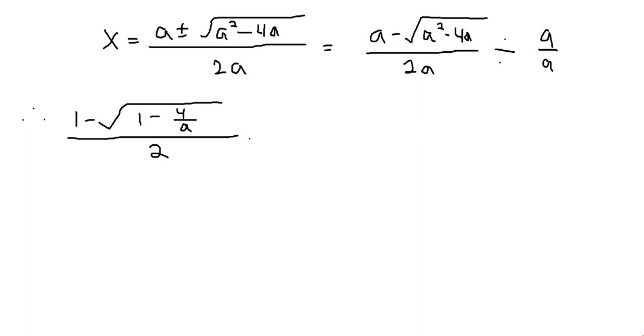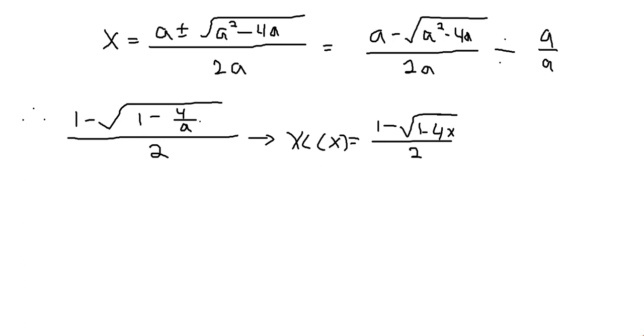But if we remember, we knew that x times the generating function for Catalan numbers was 1 minus the square root of 1 minus 4x, all over 2. Perfect.